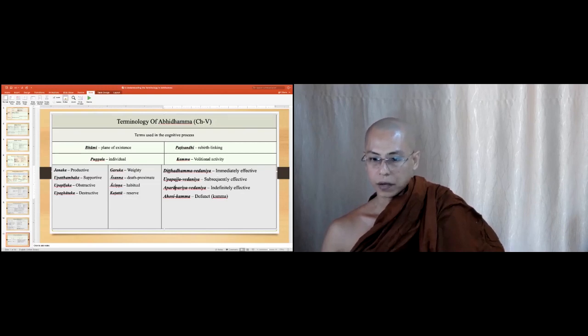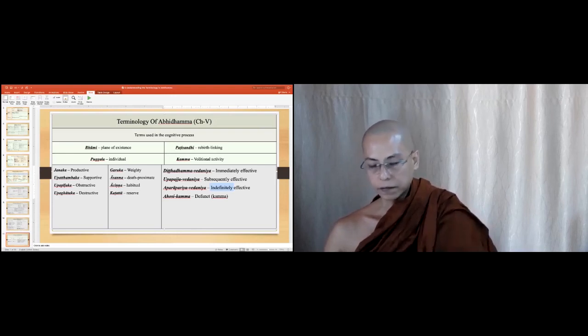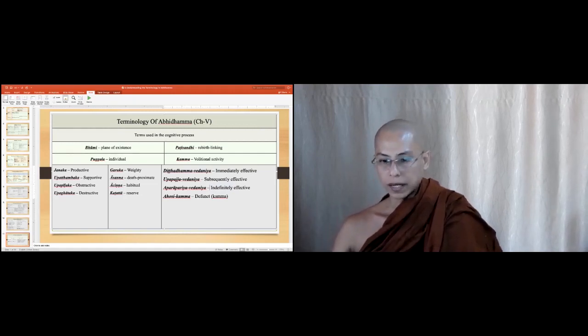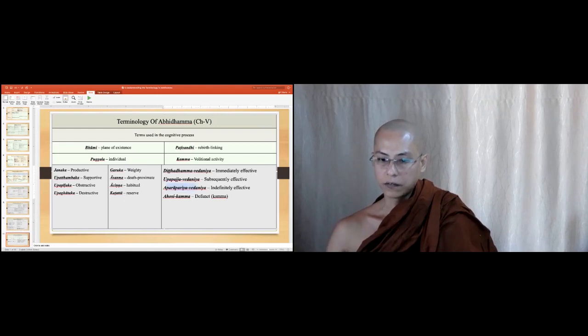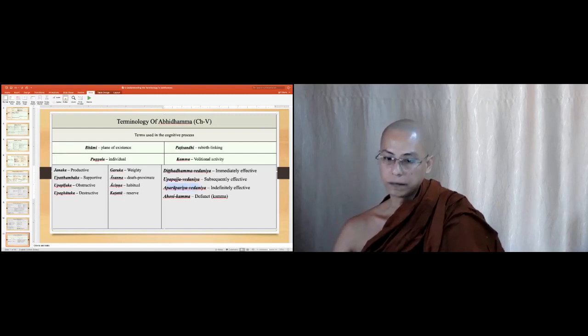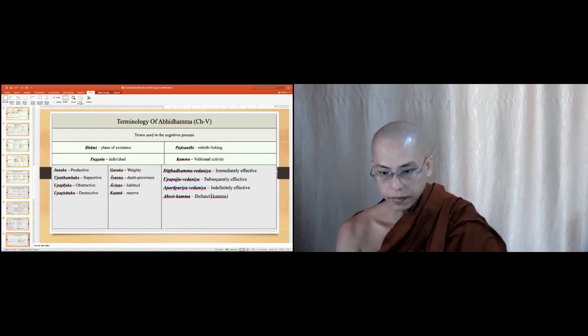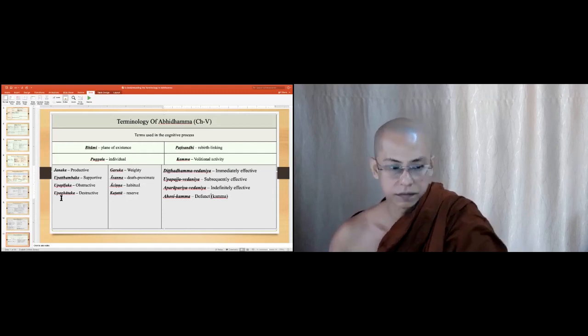Then Aparapariya Vedaniya is indefinitely, from the third life, after the second life, from that moment up to the attainment of Nibbana. This type of kamma follows. This is called Aparapariya Vedaniya. Ahosi kamma is defunct. It becomes out of date.